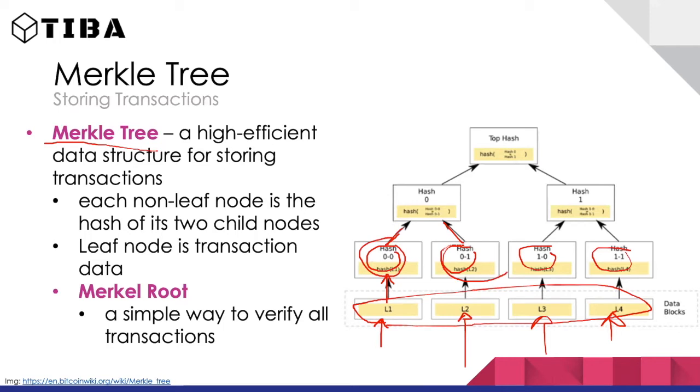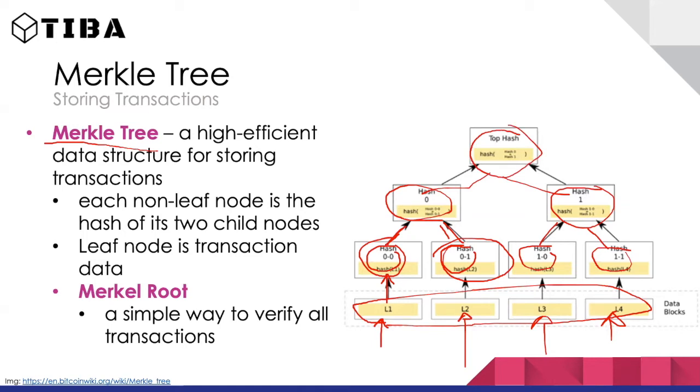Hopefully you can see the drawing. You combine these two nodes, put them together, and hash them again. So that's this node, and the same thing for the right: you put these two together and hash them. Then going up, you put these two together and hash them to form the Merkle root, the root node.